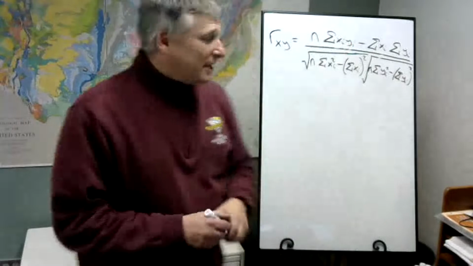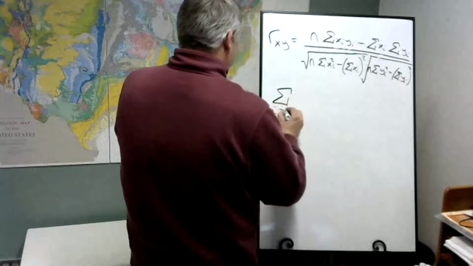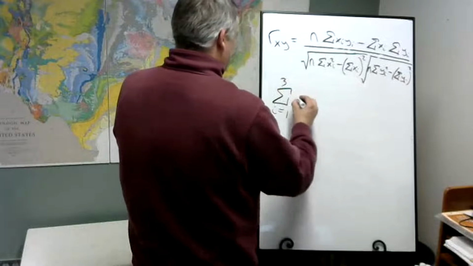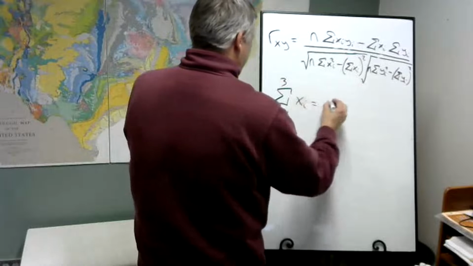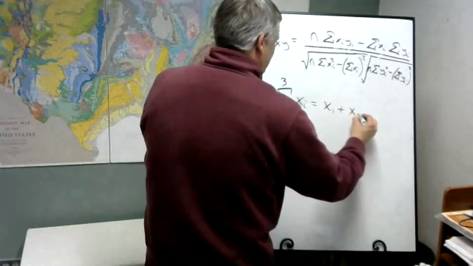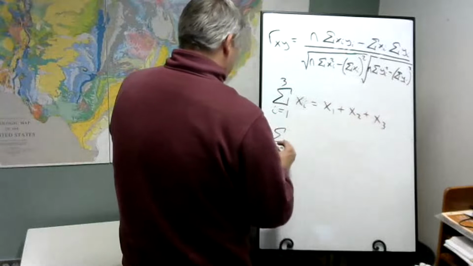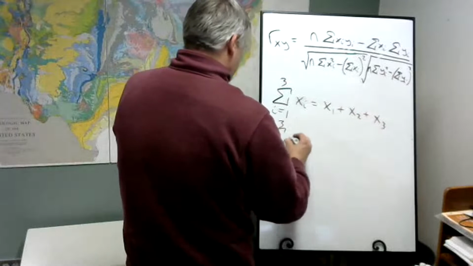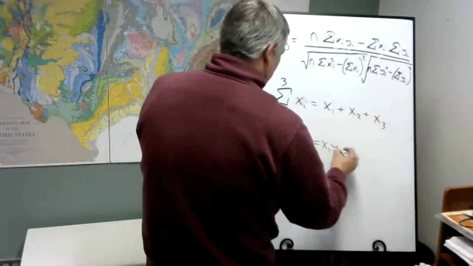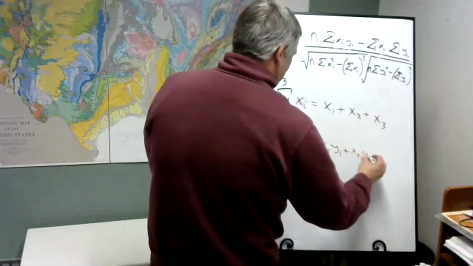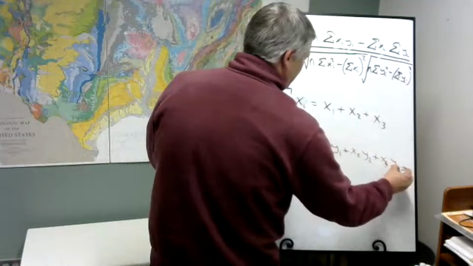It's called sigma notation, to give you an idea. i equals, say, 1 to 3 of xi would be x1 plus x2 plus x3. Or something, say, like this: xi yi, x1 y1, x2 y2, x3 y3.